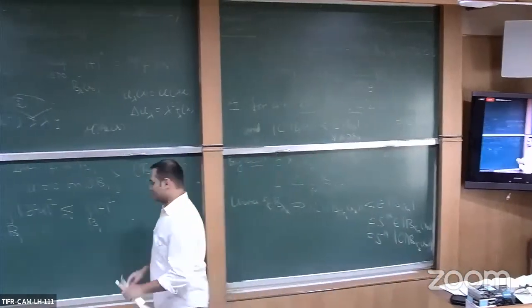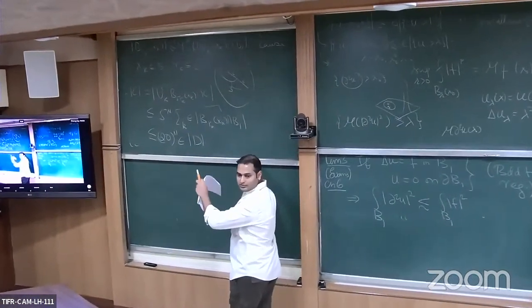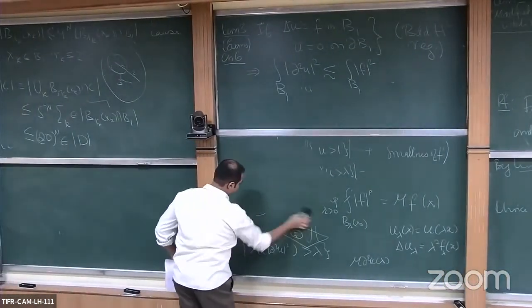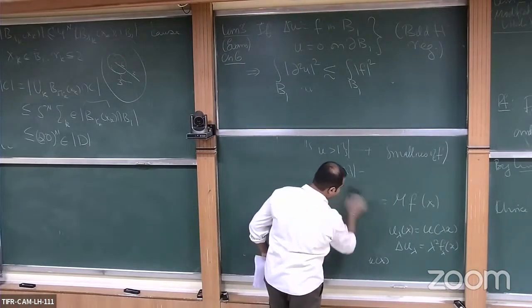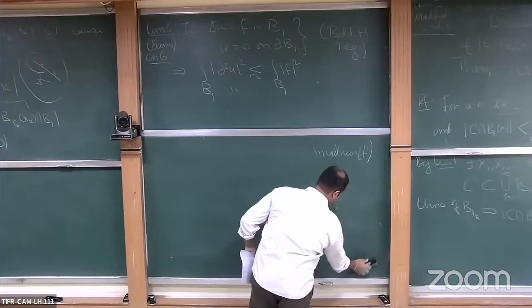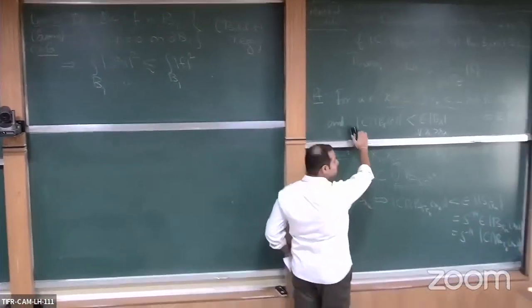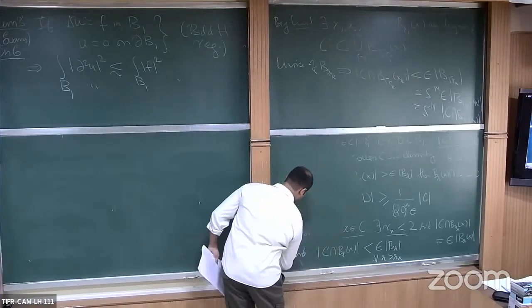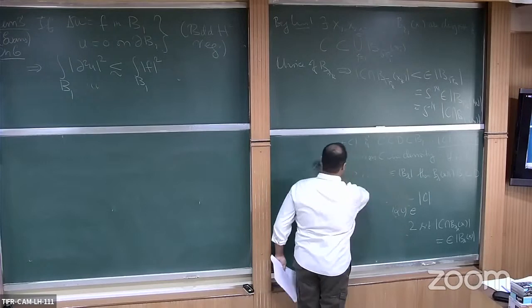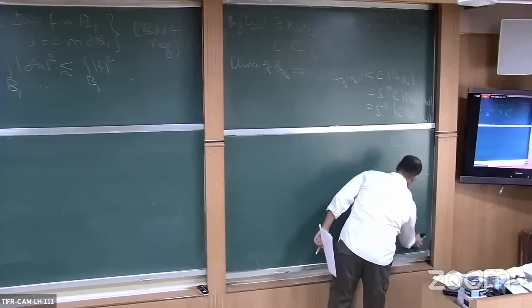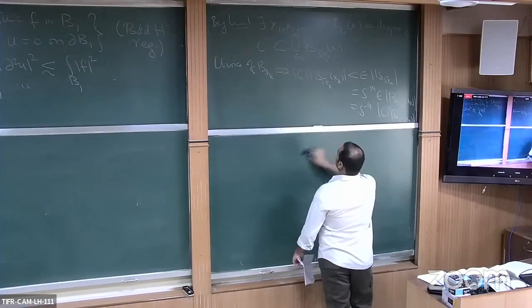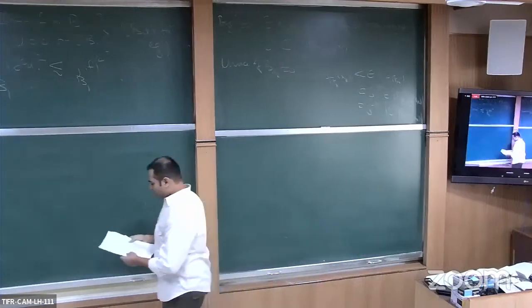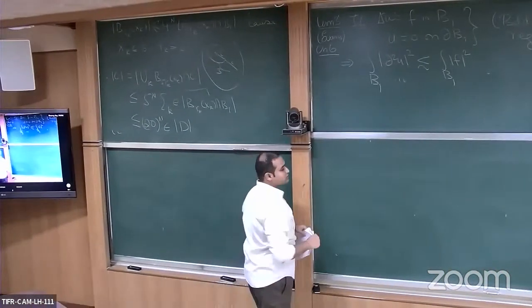Now we'll come to the main part. I said in the beginning that modulo the right hand side, I almost have a harmonic function.